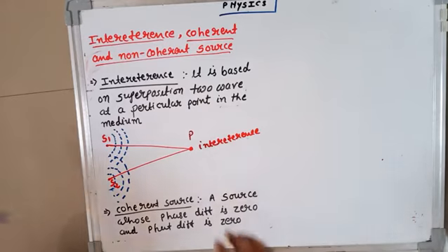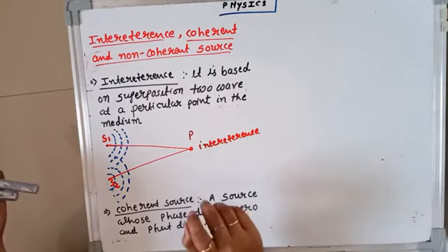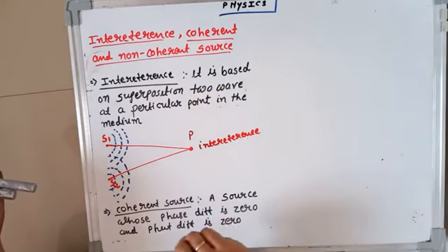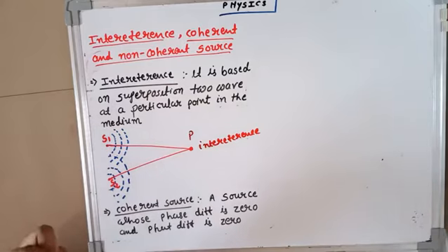A coherent source is necessary to produce interference. An incoherent source does not produce interference. So a coherent source is a source whose phase difference is 0 and path difference is 0.